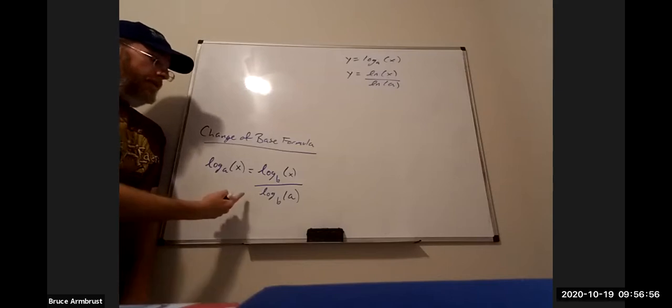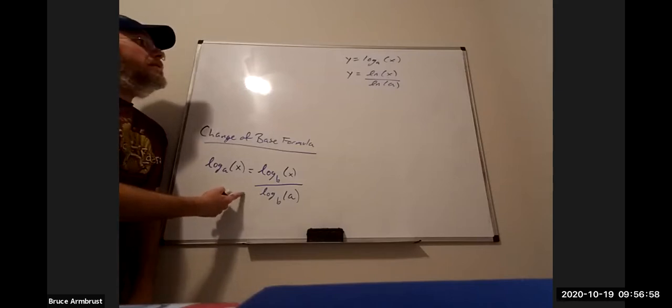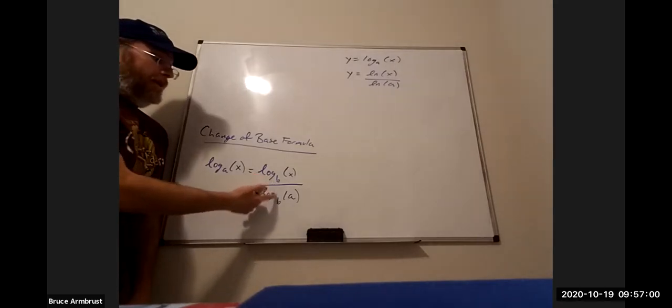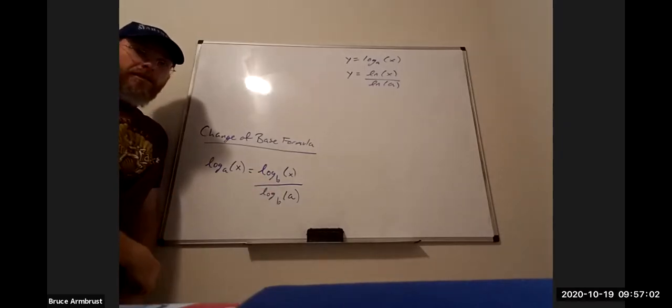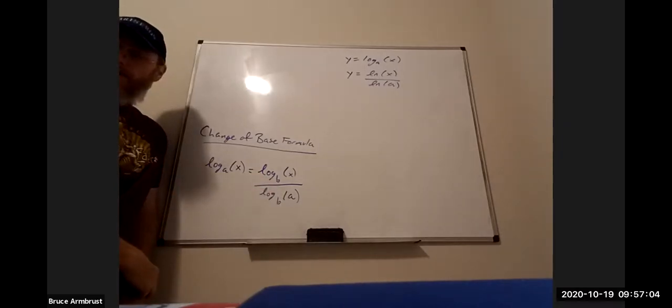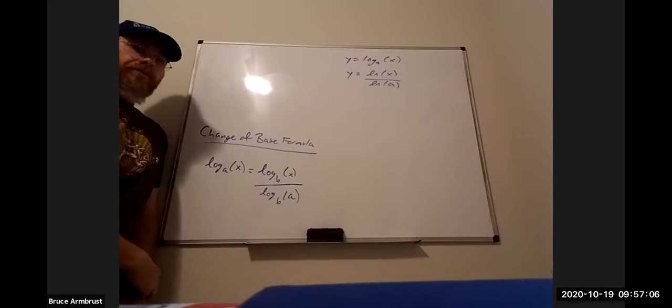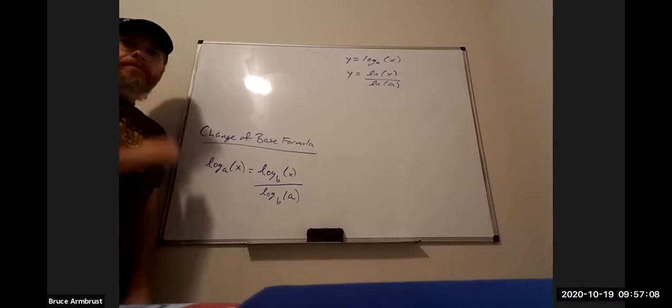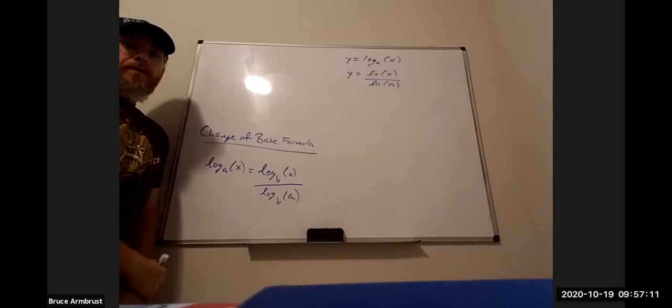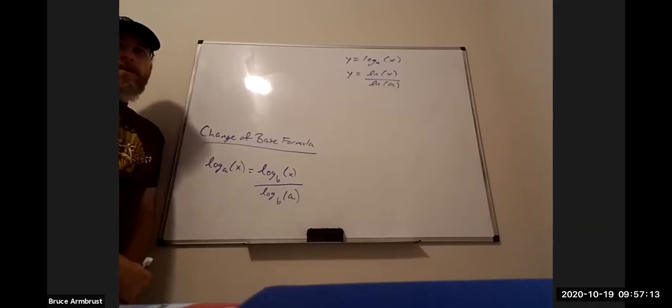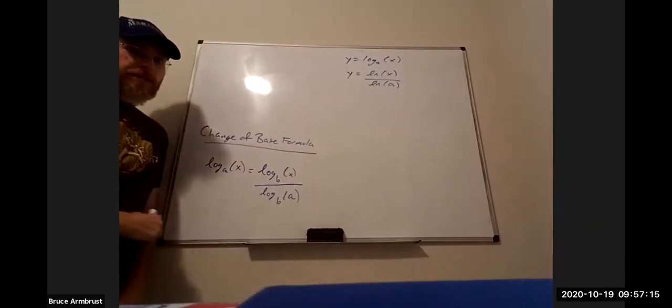Just look at this change of base formula. I'm just using my base to be e. So log base e is natural log. Okay, so are we good with what I just did there?